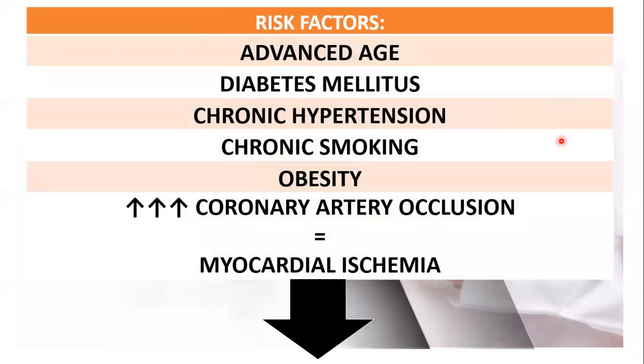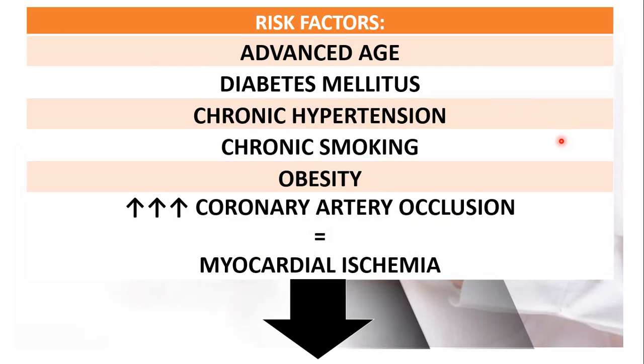Here are the important risk factors that we have to consider in patients with CAD. First is the advanced age. Our patient being an elderly are predisposed in having CAD. Also, comorbidities like diabetes mellitus and chronic uncontrolled hypertension are also important comorbidities that we have to manage to be able to prevent CAD.